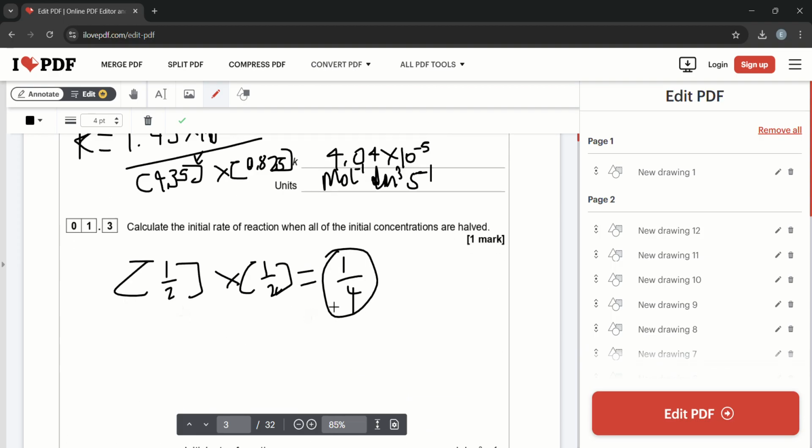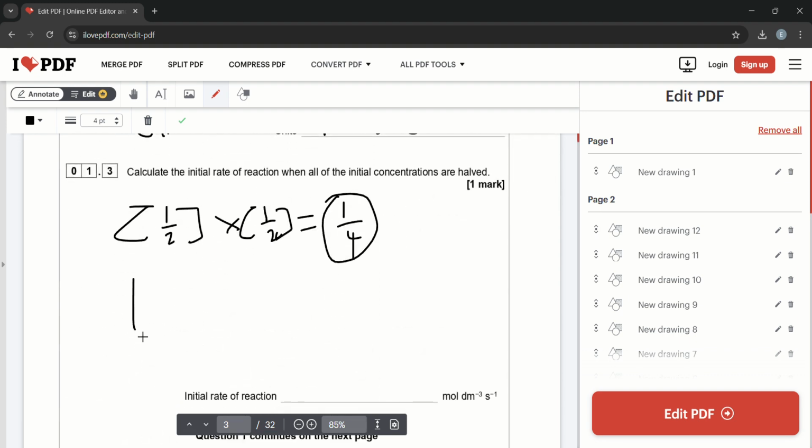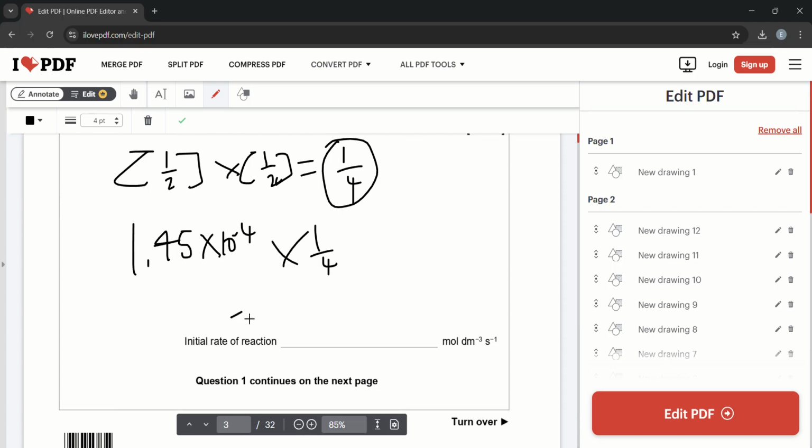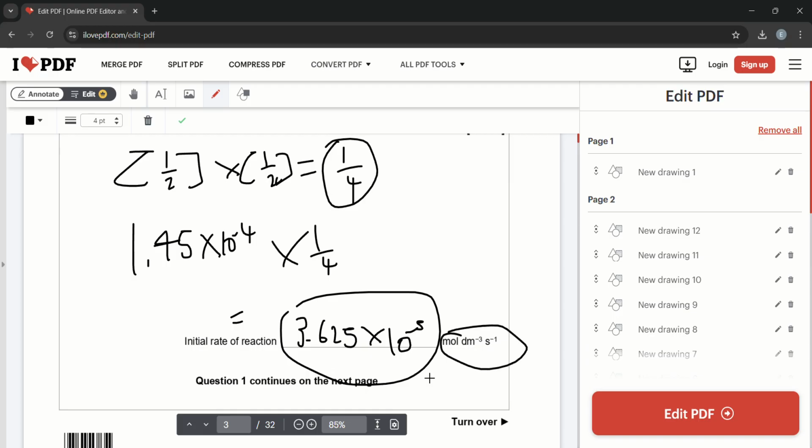We're going to times it by 1 over 4. So 1.45 times 10 to the power minus 4 times 1 over 4, and you get 3.625 times 10 to the power minus 5, and the units are mol dm^-3 s^-1, given in the question already.